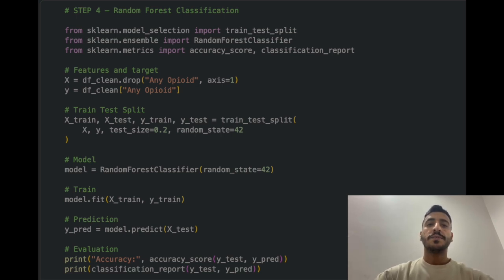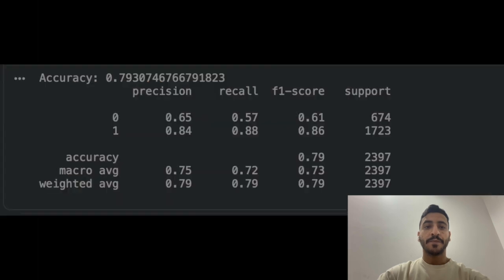In this step, I applied a random forest classification model to predict whether a case involves opioid usage. First, I split the dataset into training and testing sets to properly evaluate the model. Then I trained the model using the training data and tested it using the testing data.